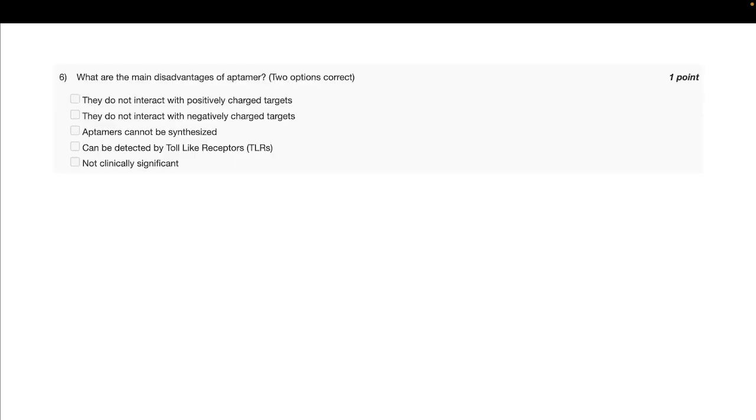Okay, the next question. Next is, what are the main disadvantages of aptamer? And there are two correct options. Anyone wants to try? Option 2 and 4. 2 is they do not interact with negatively charged targets, and 4th is can be detected by TLRs. Okay, anyone else? Thanks for answering.